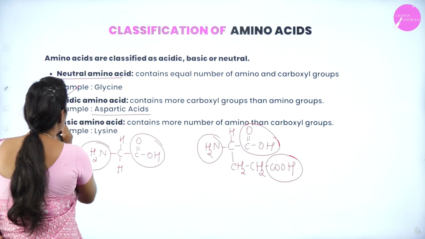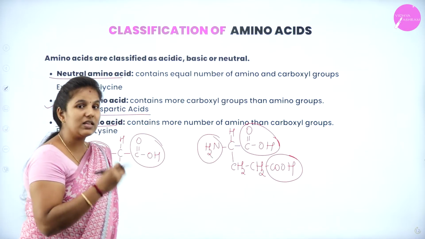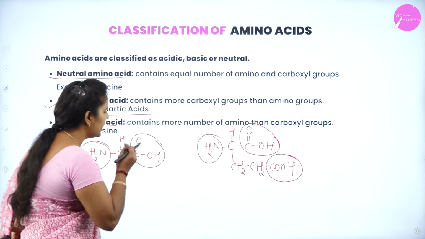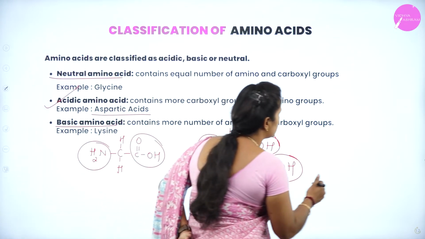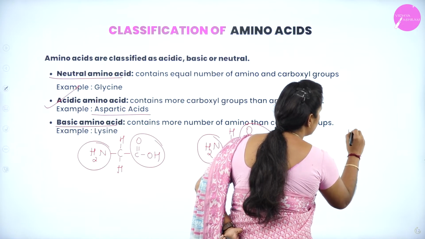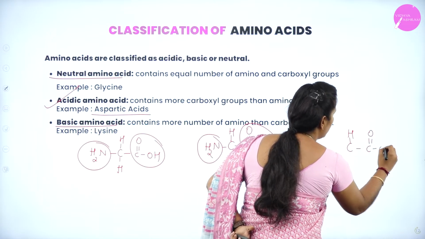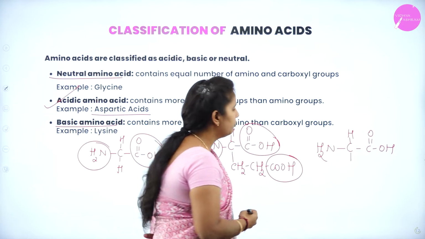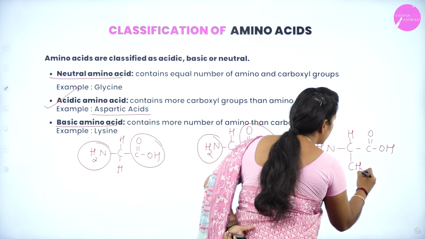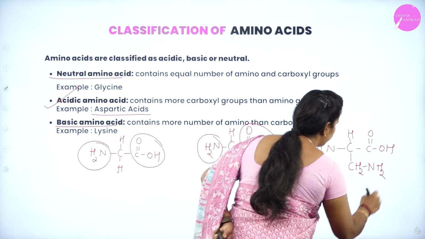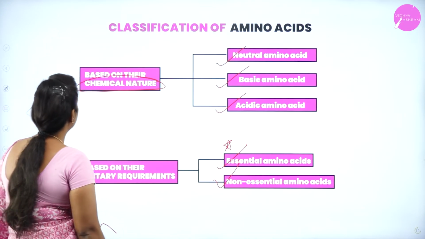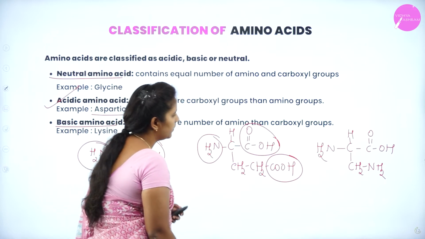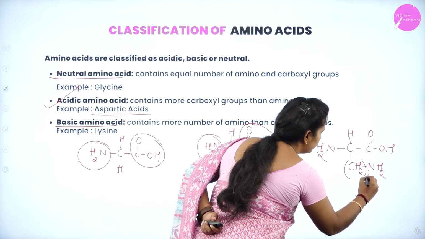If I come to the basic amino acid, the basic groups must be more than the acidic groups. An example is lysine, and I can write the structure for lysine also: CH, C double bond O, OH, NH2, and the variable group is CH2 four times, then NH2.